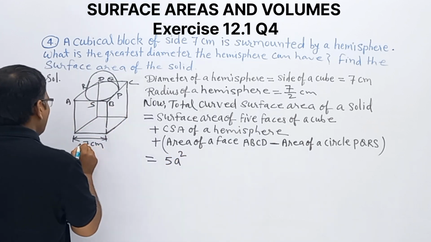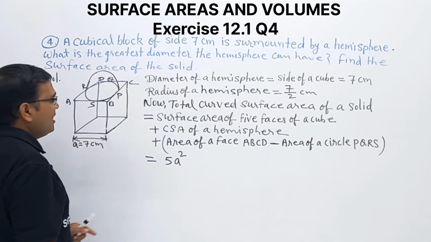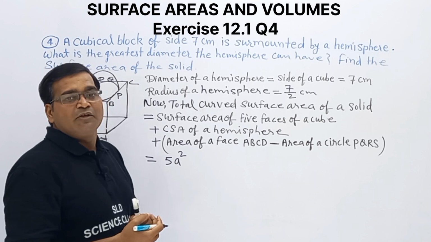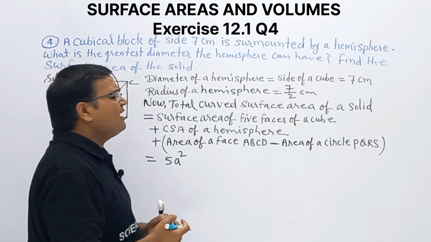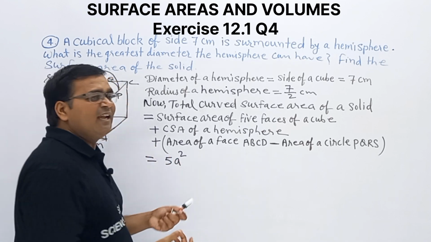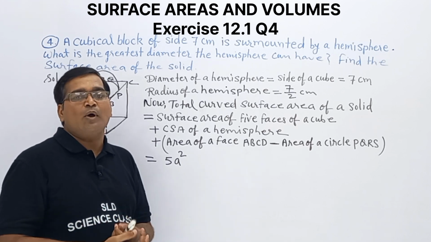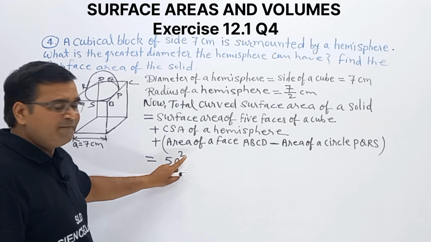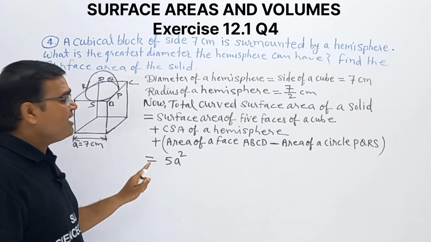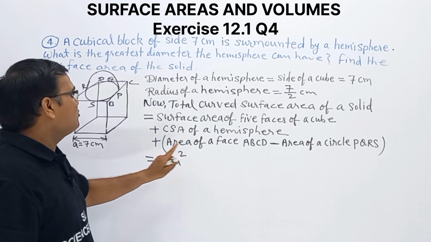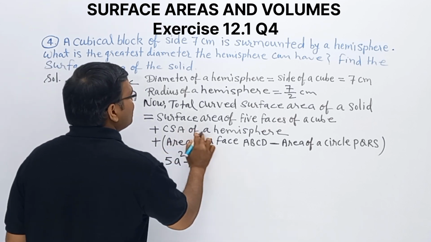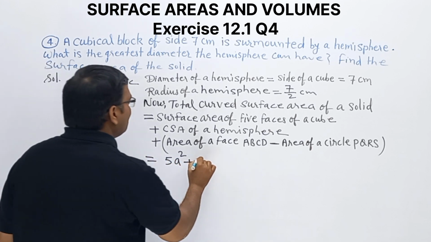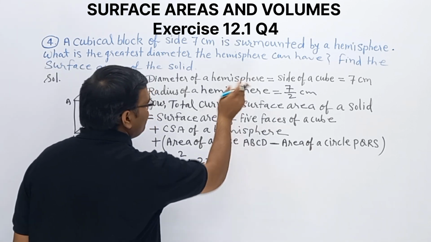If the side of a cube is a, then the area of one face of a cube will be side square, side into side. So the 5 faces' area will be 5 times side square, plus the curved surface area of a hemisphere, which will be 2 pi r square. The radius we obtained already.